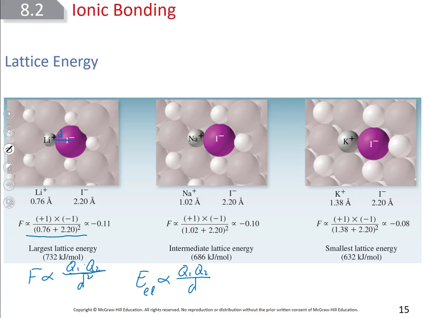Back in chapter 7, we had a table of ionic radii. That was on page 303. On page 303, it shows that the ionic radius for lithium is 76 picometers.